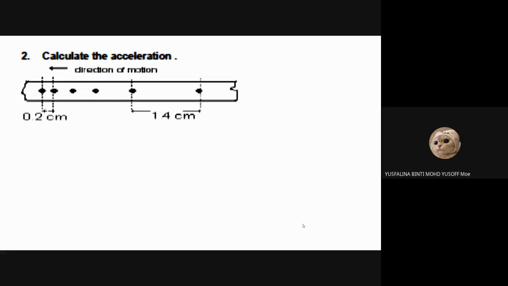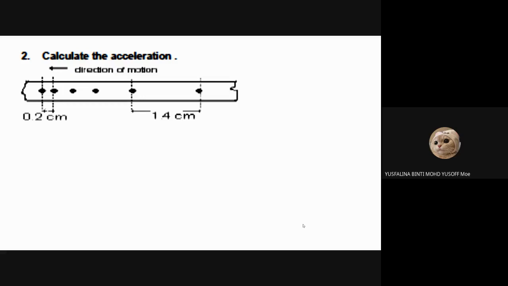Kayi got 50 cm s^-2. Hauren got 3.75 cm s^-2. Yilin got 15 cm s^-2. So we got many answers here.